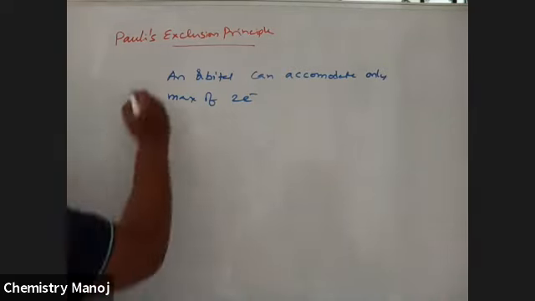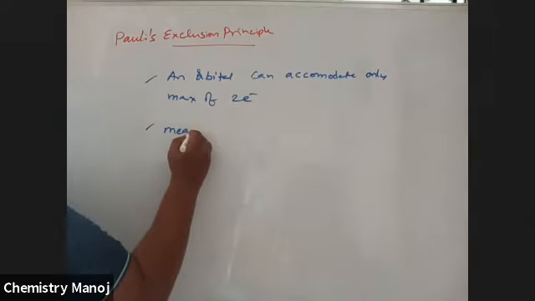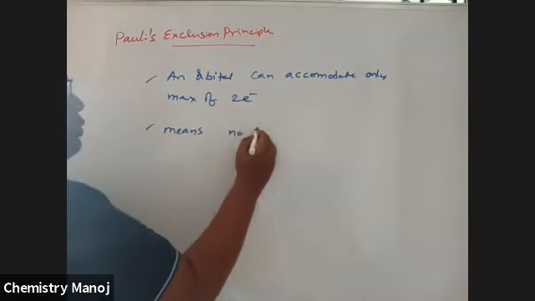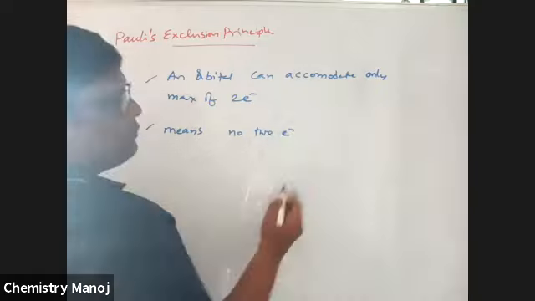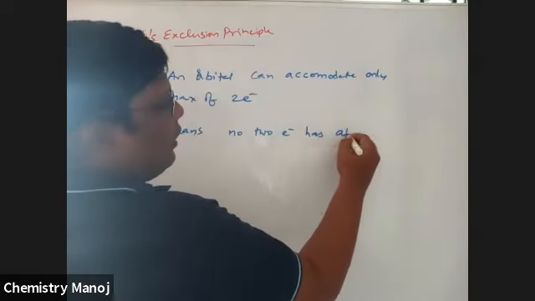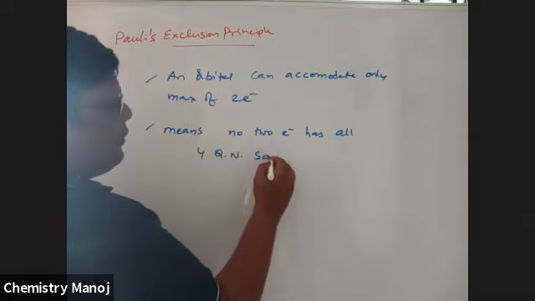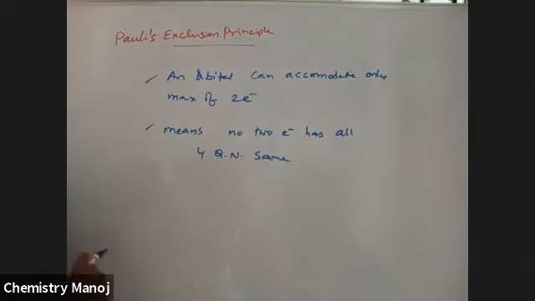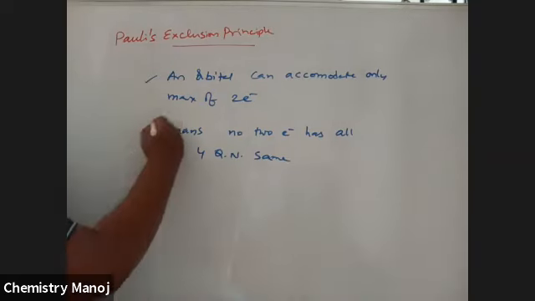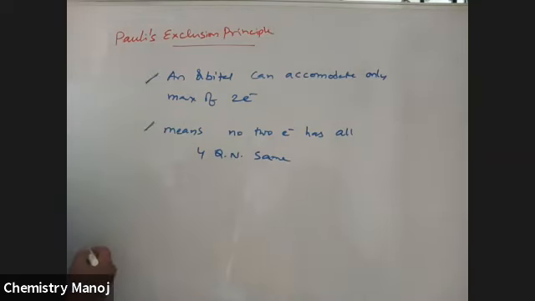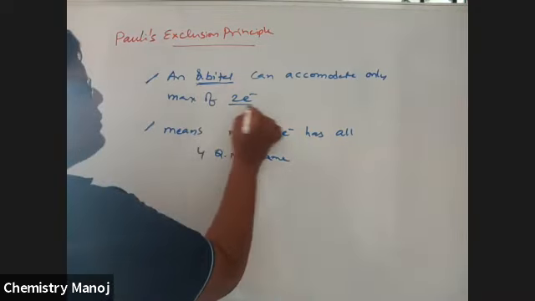That means no 2 electrons have all 4 quantum numbers the same. These two statements are correct. So an orbital has a maximum of 2 electrons.